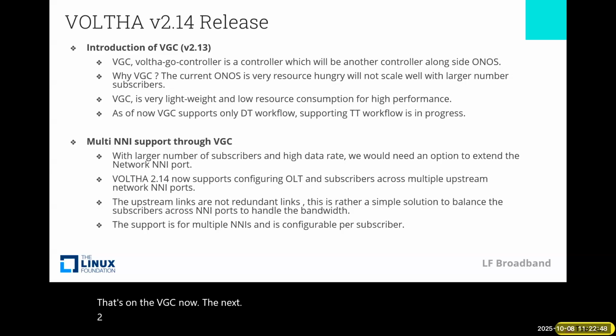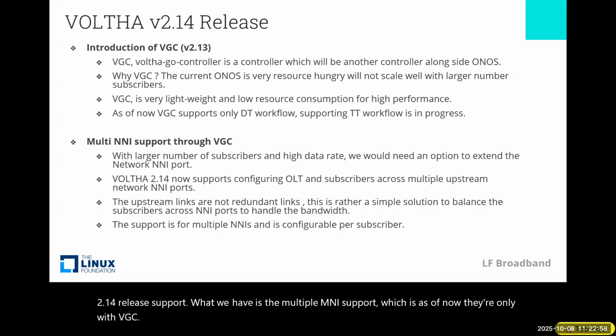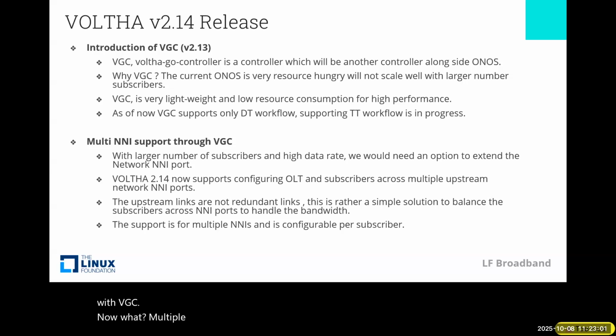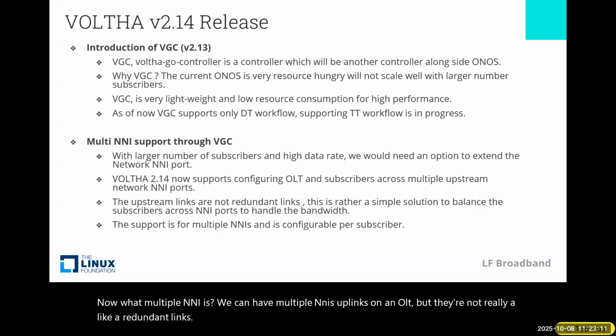Now the next thing in the 2.14 release is the multiple NNI support, which is as of now only available with VGC. What multiple NNI means is that we can have multiple NNI uplinks on an OLT, but they're not really redundant links. They're like static links.